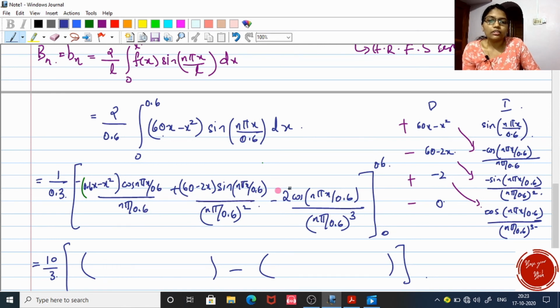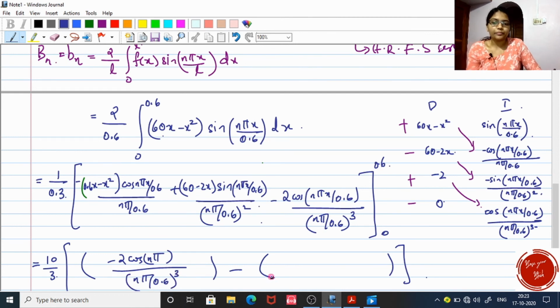And here also when I substitute 0.6 over here, sin n pi is 0. And finally we will be left with this part, that is when I substitute x equal to 0.6, 0.6 cut off and it is cos n pi. So minus 2 cos n pi divided by n pi by 0.6 the whole cube.